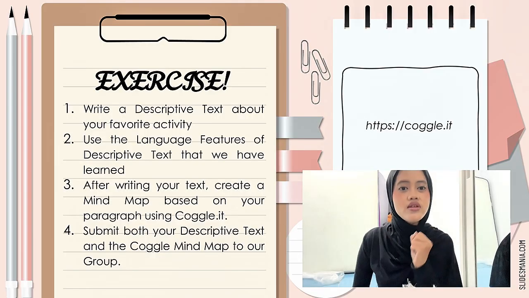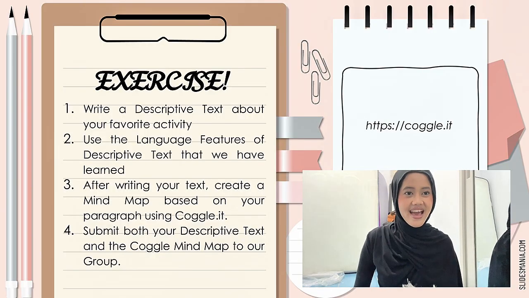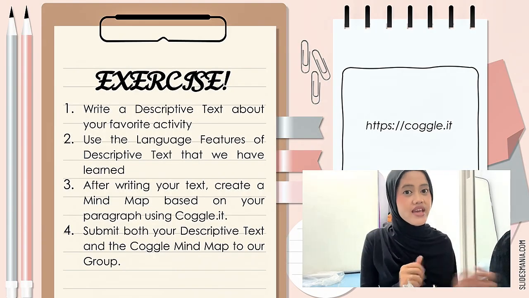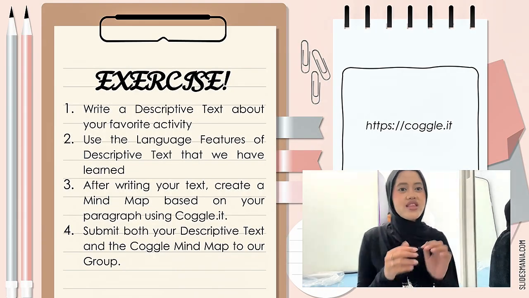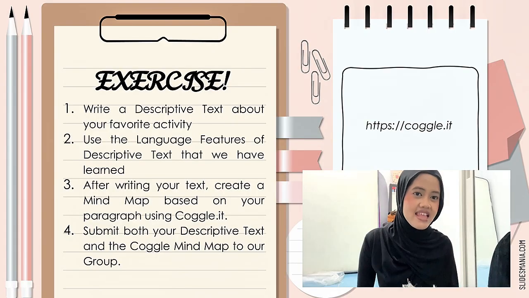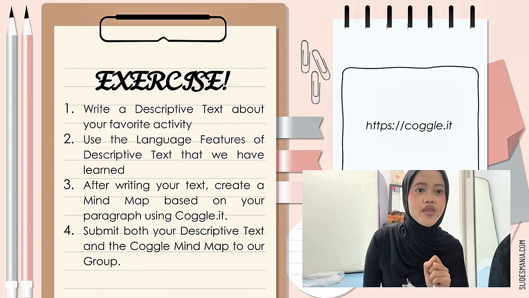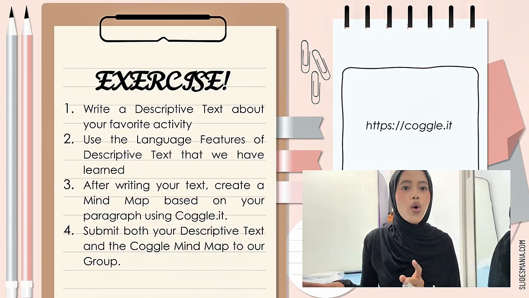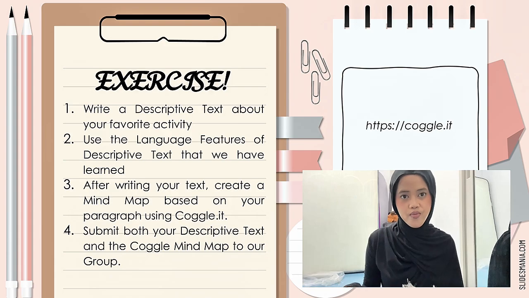Since you have done so well, it's time for you to apply your understanding in a fun way. We are going to use technology to help you complete your task, but don't worry, Miss Angel will guide you step by step, so you know exactly what to do.